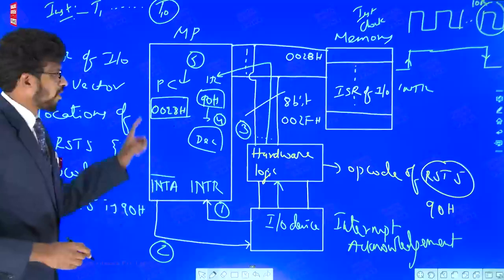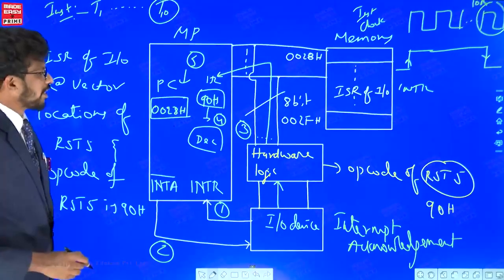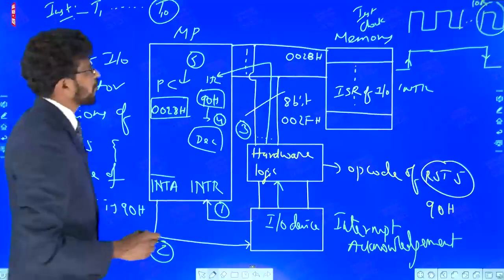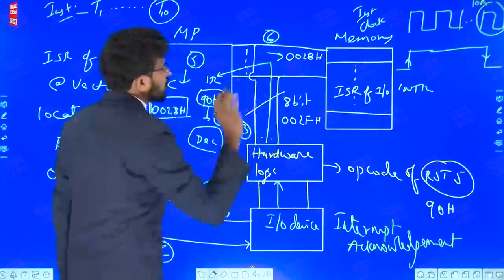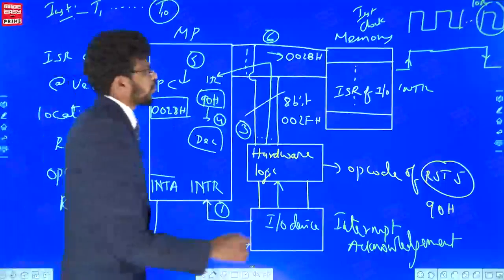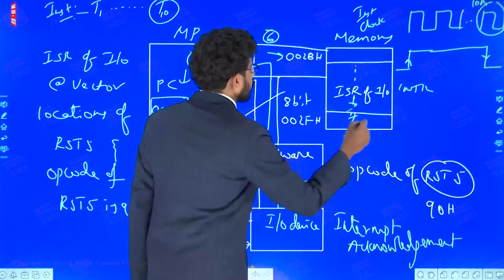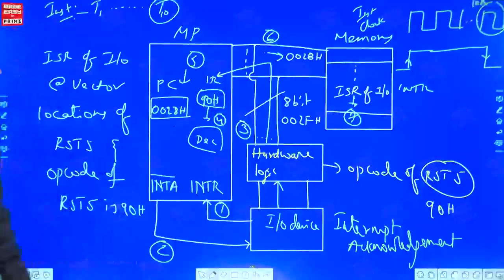Now tell me, what does PC contain? Address of the next instruction, and hence the program control will be automatically shifted to the vector location of RST5. Hence the program, whichever it is, will be running. This is how the program flow or sequence will be present. The sequence of events is possible with respect to INTR.